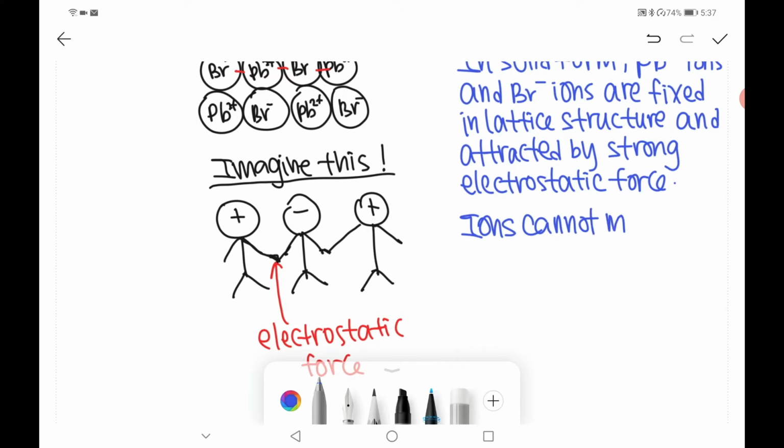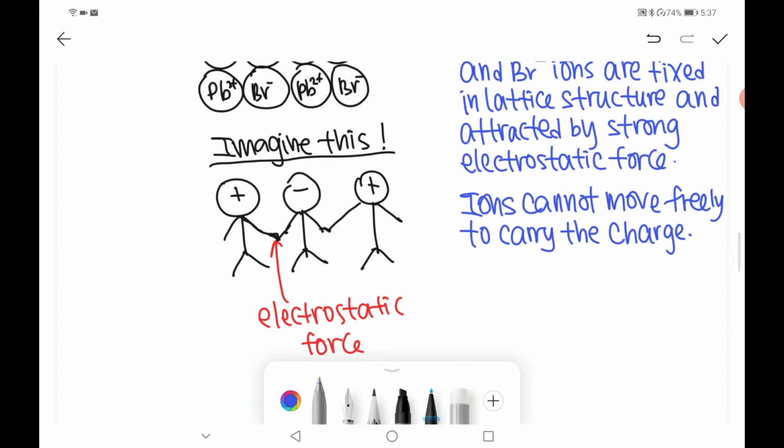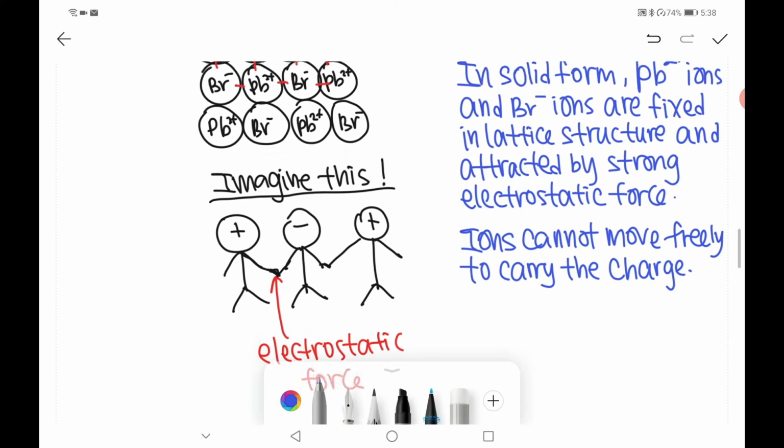When the ions cannot move freely, they cannot carry the charge. When you don't have free moving ions, when you don't have somebody to carry the charge for you, you cannot conduct electricity.